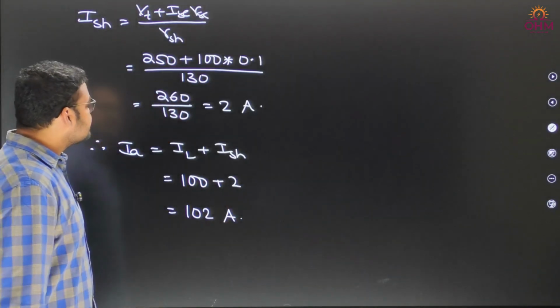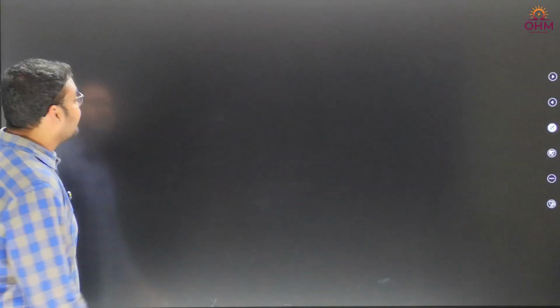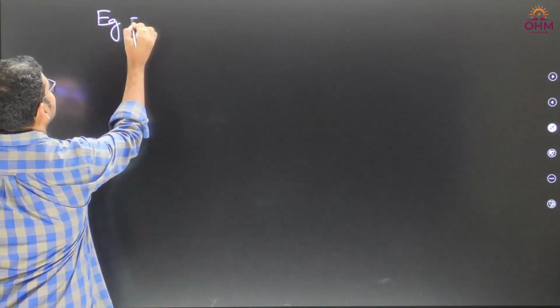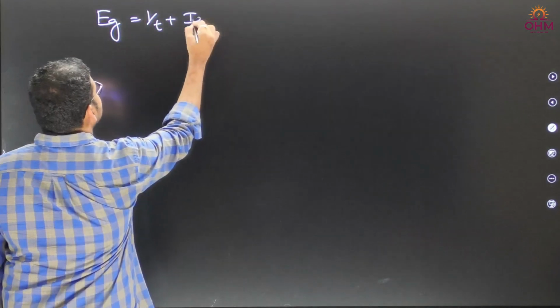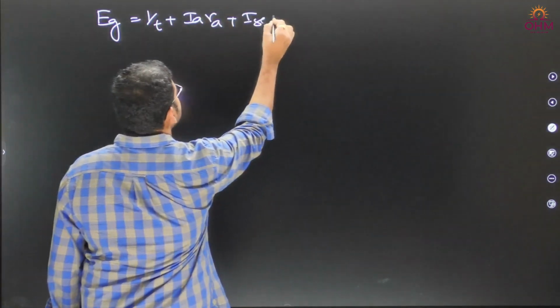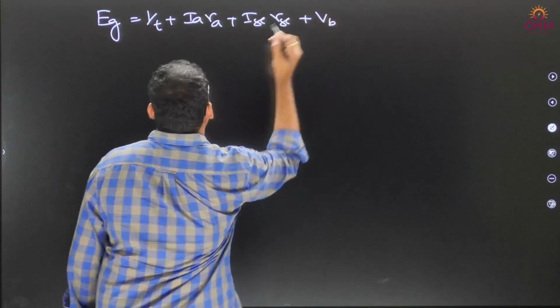The moment I know armature current, I can calculate generated EMF. The formula: generated EMF is equal to Vt plus IaRa plus ISE RSE plus brush drop.